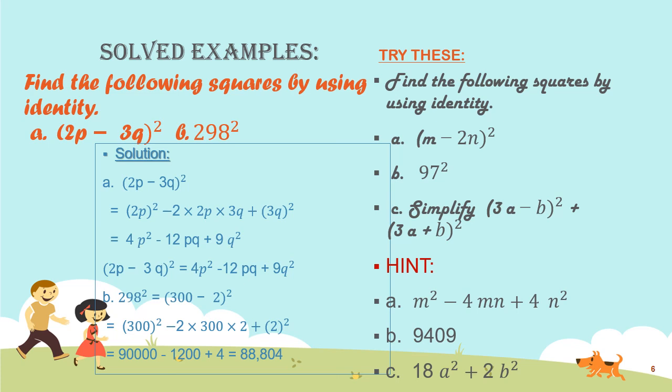The answer to the first question is m squared minus 4mn plus 4n squared. 97 square is equal to 9,409. And for C question, after simplifying, you will be getting the answer as 18a squared plus 2b squared.